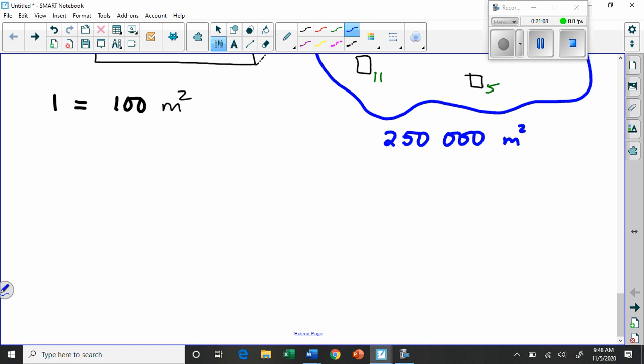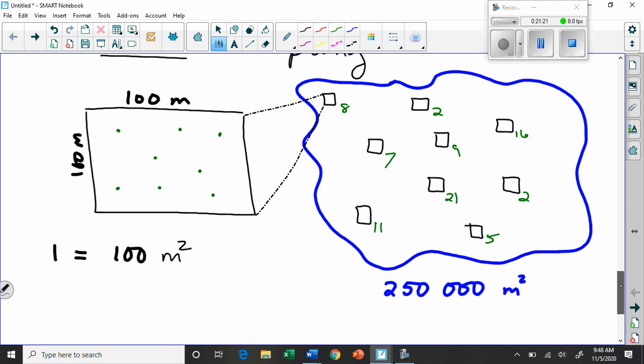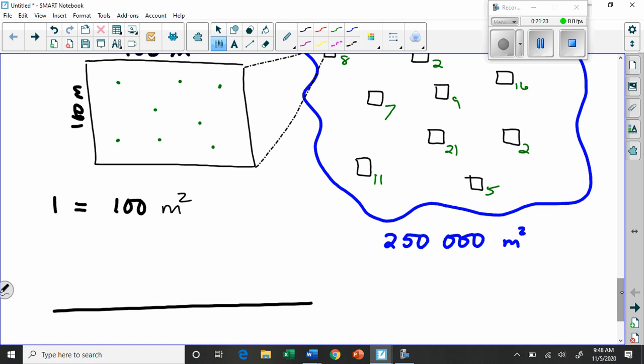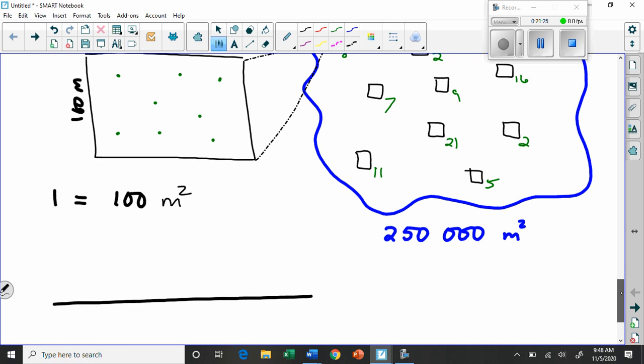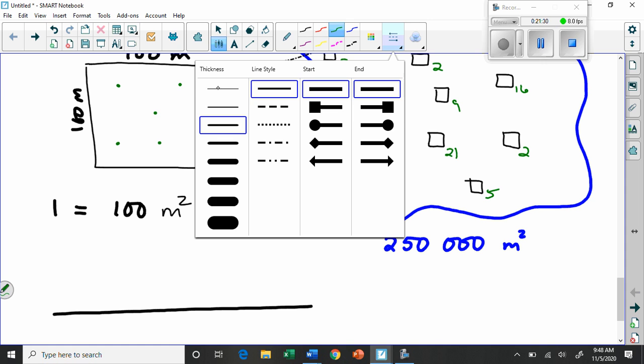So what you do is you make a ratio, and on the top of your ratio, you put all of the numbers that you found of the population. So all those green numbers we had, I'll do them in green so they match up.